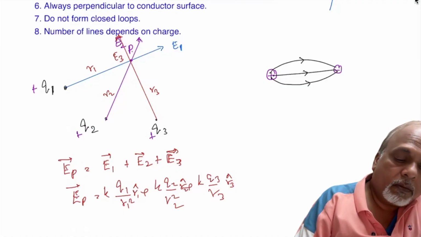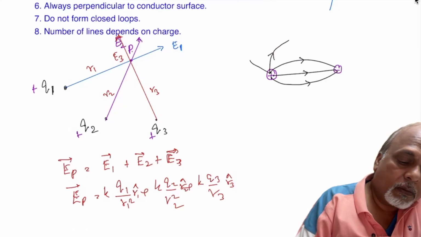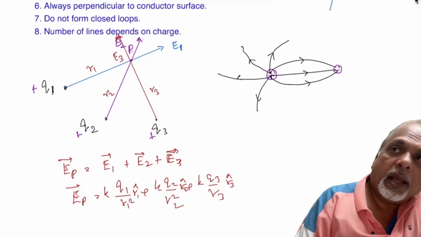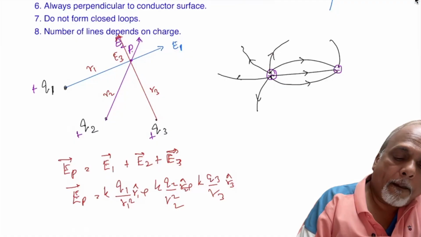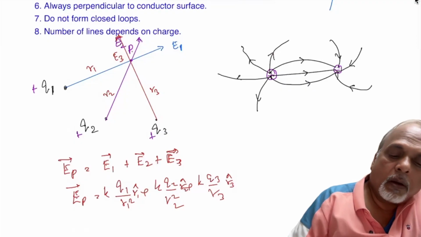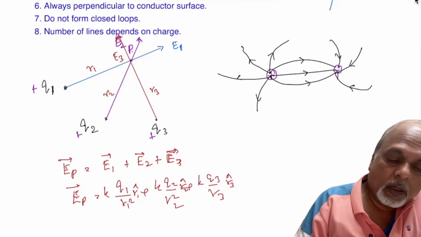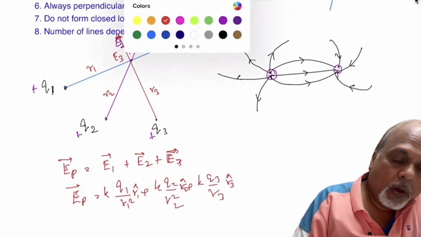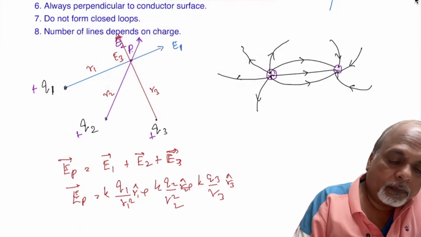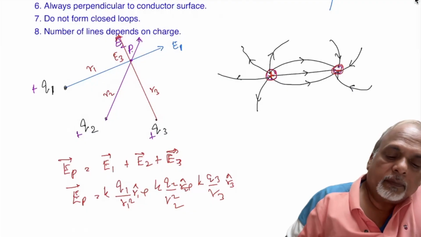Like this, you can draw it. This is basically your positive and this is negative.